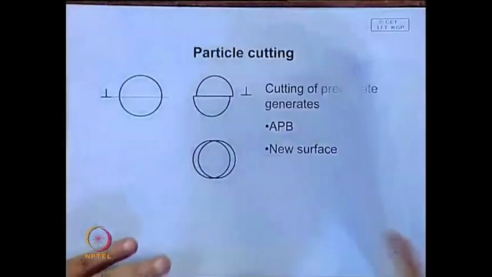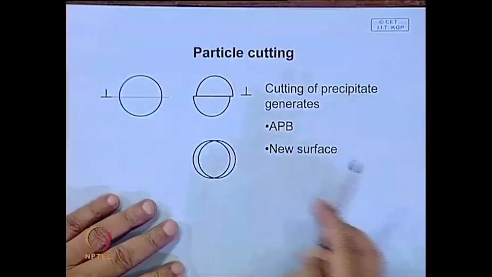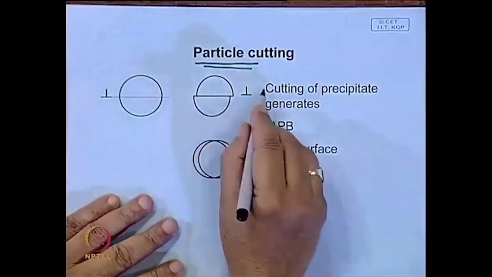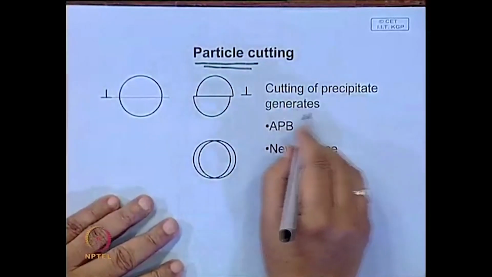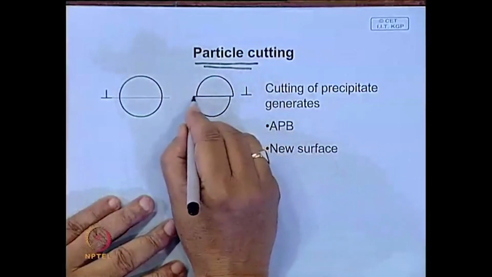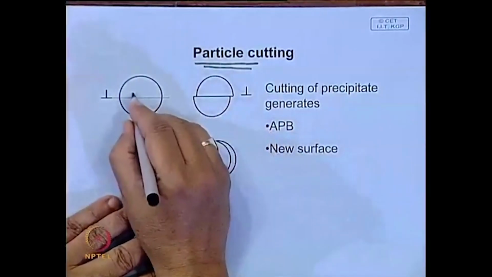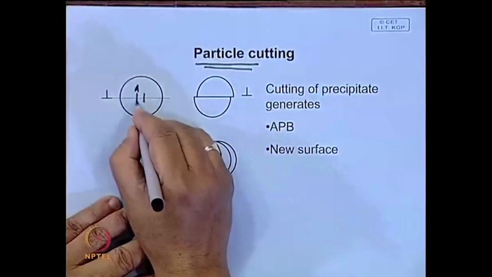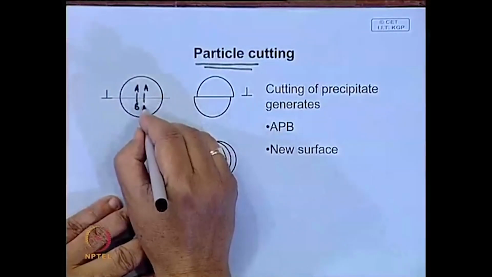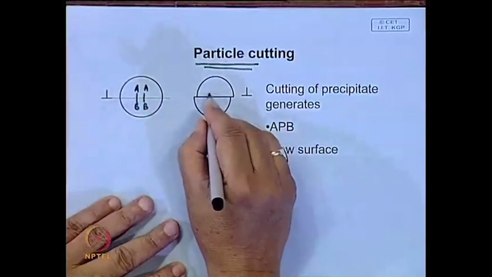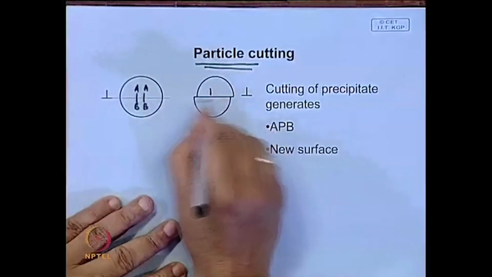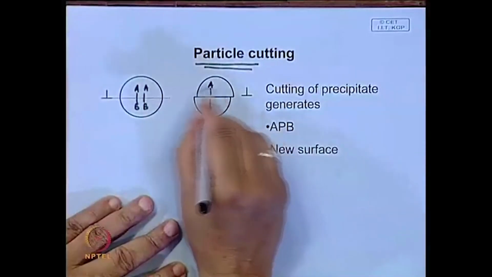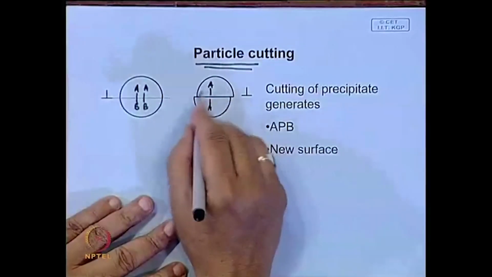In the same way, it is possible to do a similar calculation for particle cutting. We will not go into the detail of the calculation, but here two things happen. When the precipitate is sheared, this is an ordered precipitate, so you have an A-B type bond here. If you slip it, this also becomes A, so the order gets disturbed.